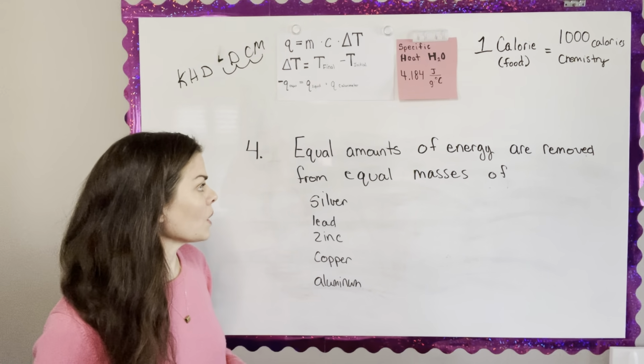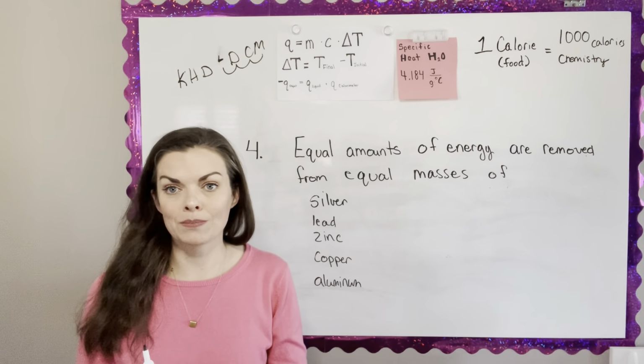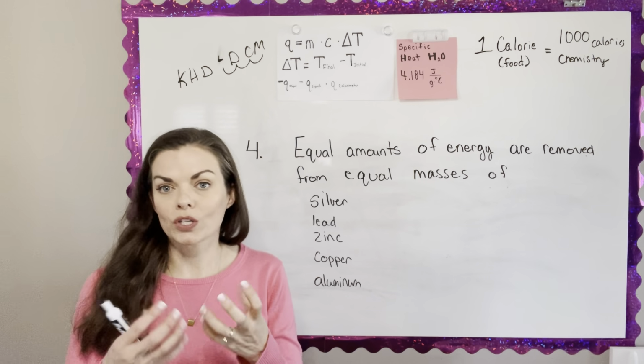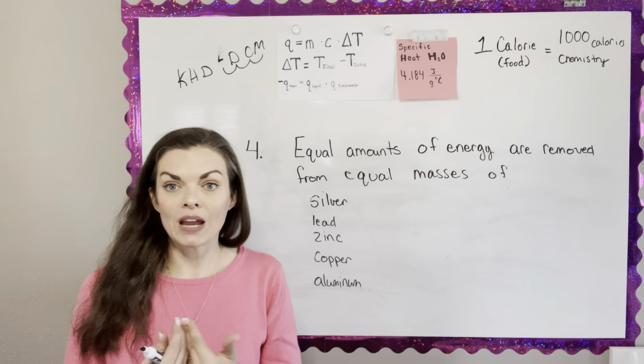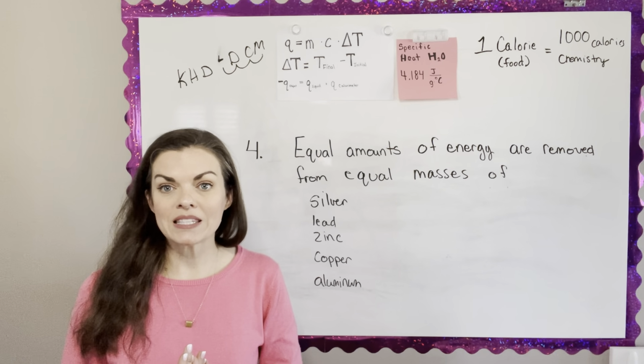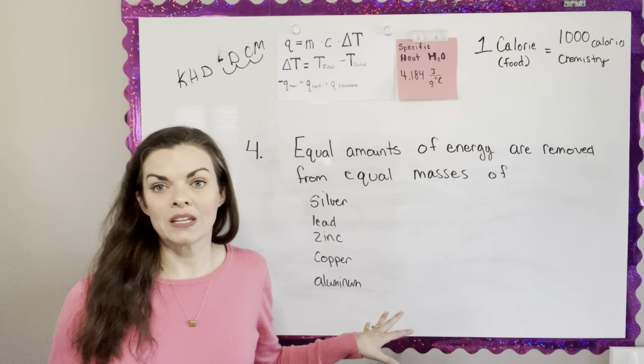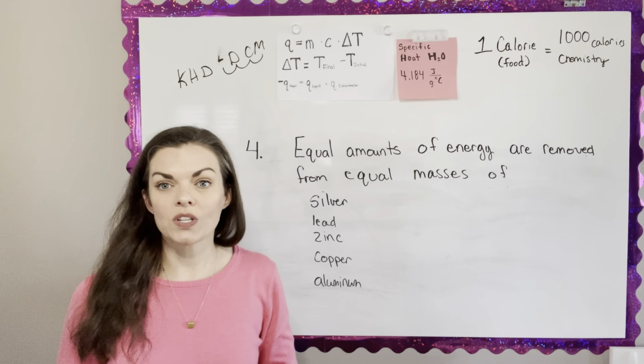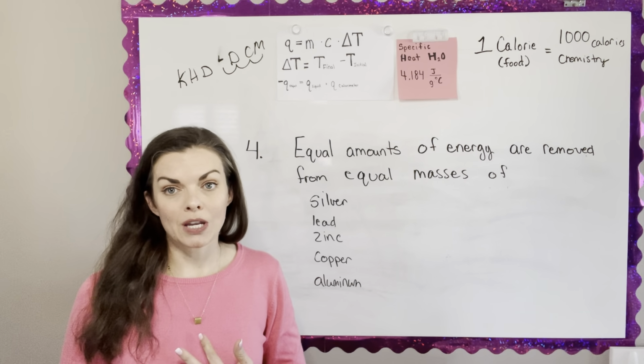But basically, I have a same size substance and I'm changing its temperature or it's cooling down the same amount every time. And so I am wanting to compare the specific heat capacities for all of these elements, and then we can decide which one's going to be the warmest and which one's going to be the coolest.